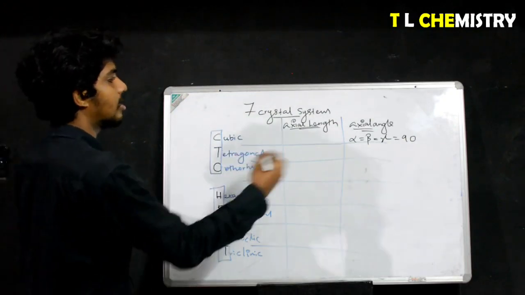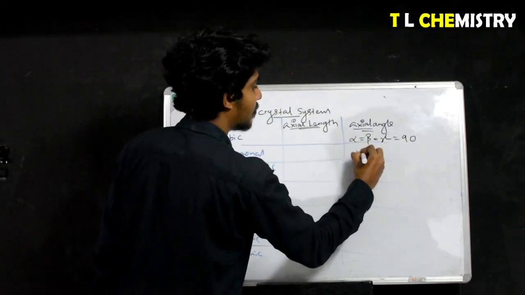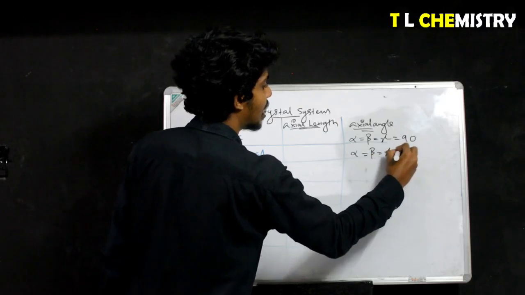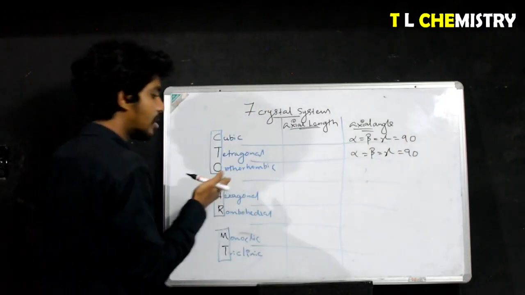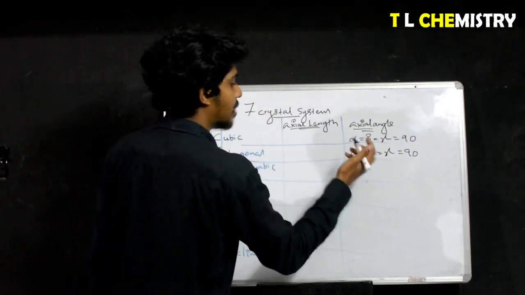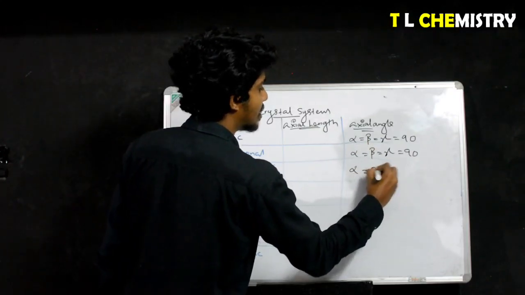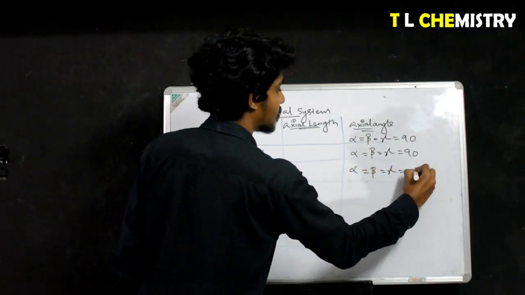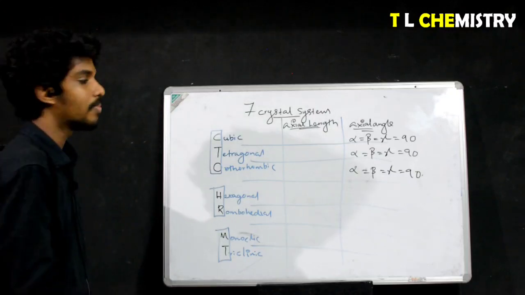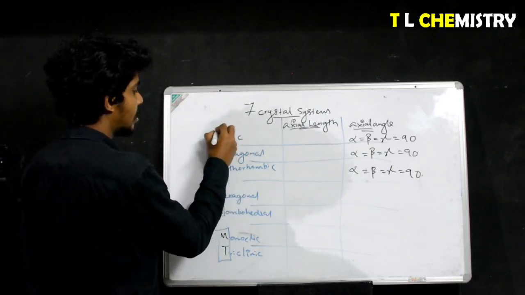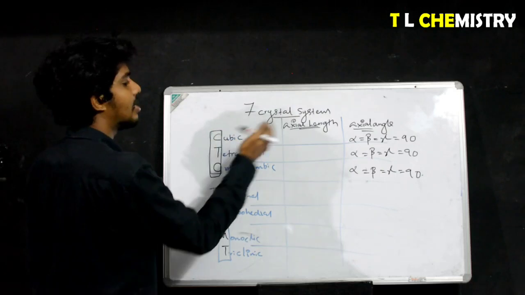In tetragonal, the axial angles are the same: alpha equal to beta equal to gamma equal to 90. In orthorhombic, also alpha equal to beta equal to gamma equal to 90. Clear? Then in the case of CTO, we consider axial length.